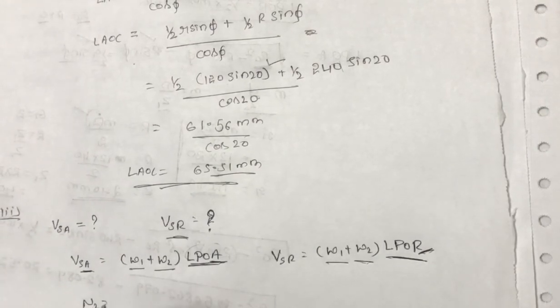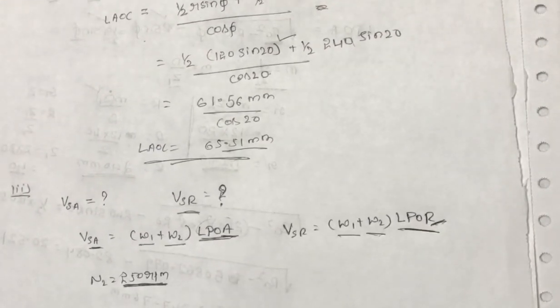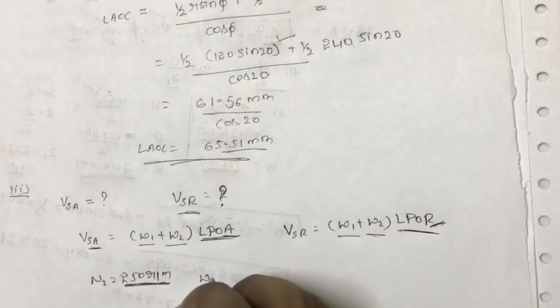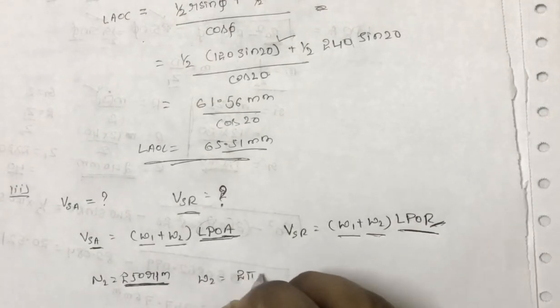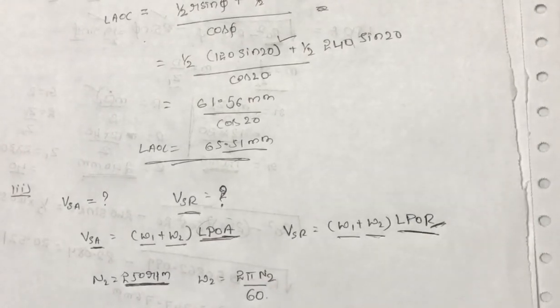We have N2 is equal to 250 rpm, the rpm of the pinion. So with the help of N2, we can find out omega 2, because omega 2 is equal to 2 pi N2 by 60. This is the basic formula, to convert into seconds, right?